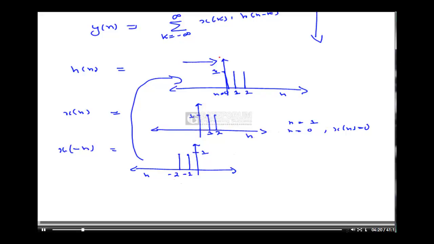Once we shift it inside h(n), at n equal to 0 what will happen? At n equal to 0, h(n) is equal to 1, but x(n) equal to 0. That means y(n) is equal to 0. At n equal to 1, h of 1 is equal to 1, x of 1 is also 1, so y of 1 will be equal to 1.